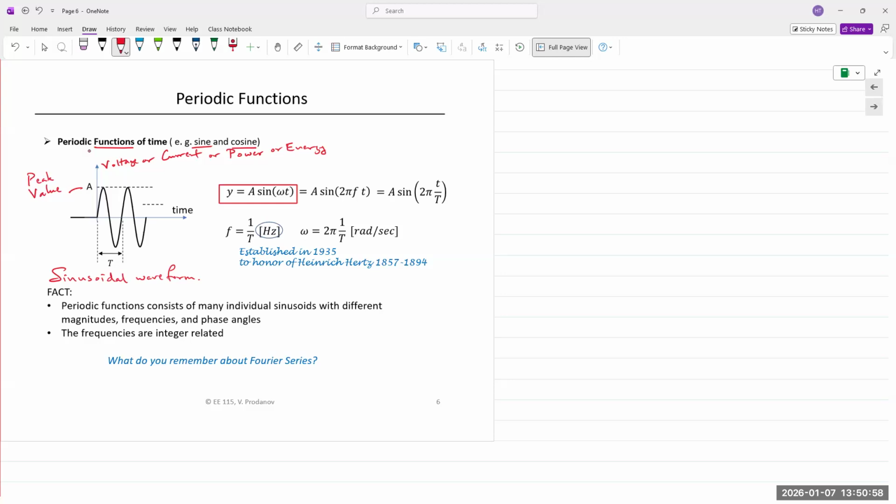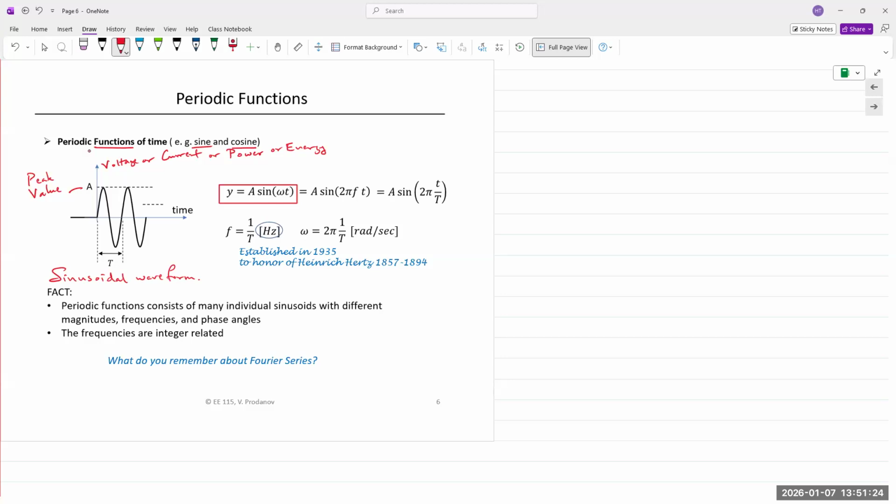Now, the reason we are talking about this is because this is the form we obtain when we generate electricity. Electricity is generated when we have a coil of wire rotating inside a magnetic field. When it rotates, it's moving between the north and south pole of that magnetic field.